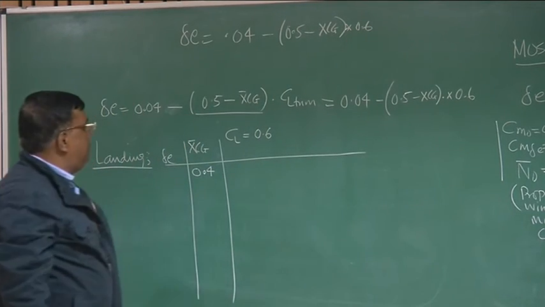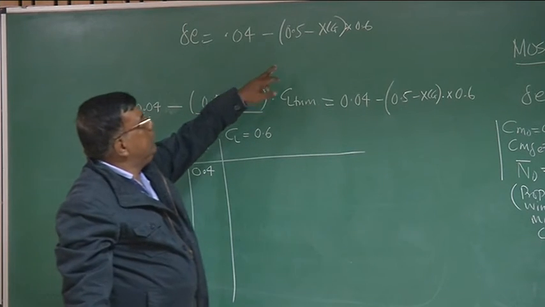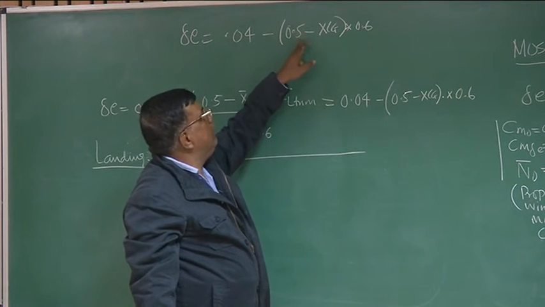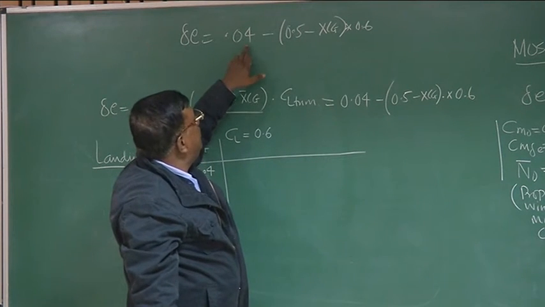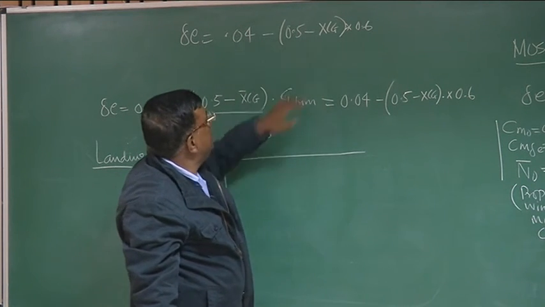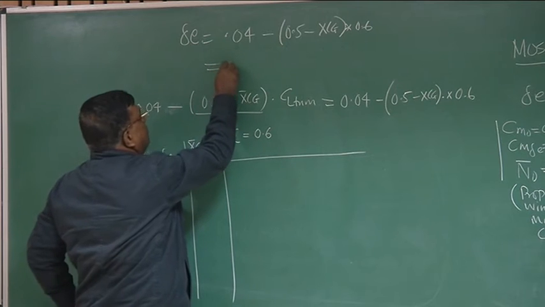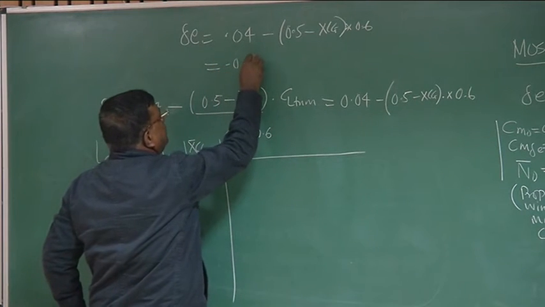If xCg is 0.4, this value becomes 0.1. So 0.1 into 0.6 becomes 0.06. So 0.04 minus 0.06 will be equal to minus 0.02.